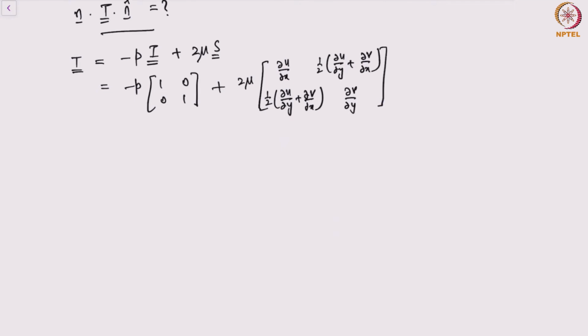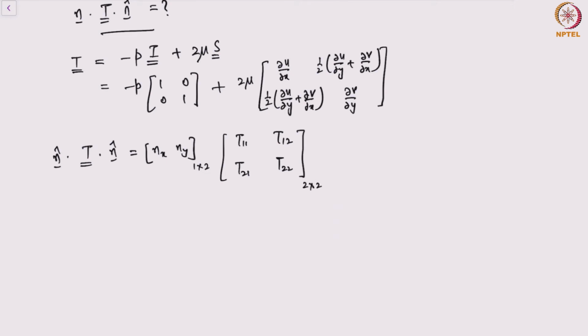So now that I have the stress tensor, I can write down the expression of n dot t dot n using matrix multiplication. That would be nx ny, the vector. Remember, this is a row vector, so this is 1 cross 2, times t11, t12, t21 and t22. That's the stress tensor. That's a 2 by 2 matrix. And finally I have nx ny, that's a column vector, right?